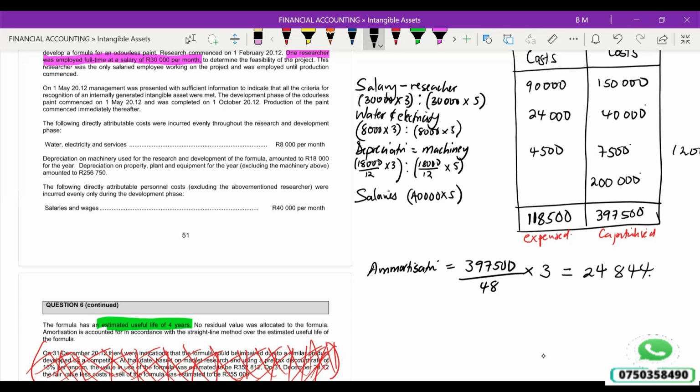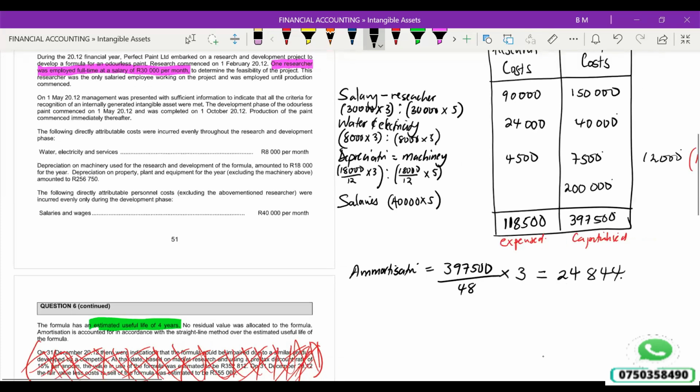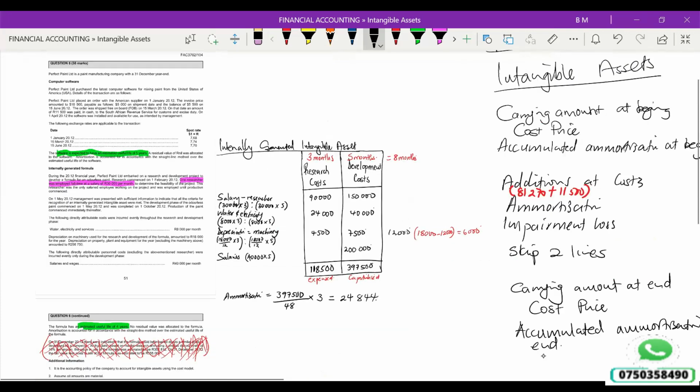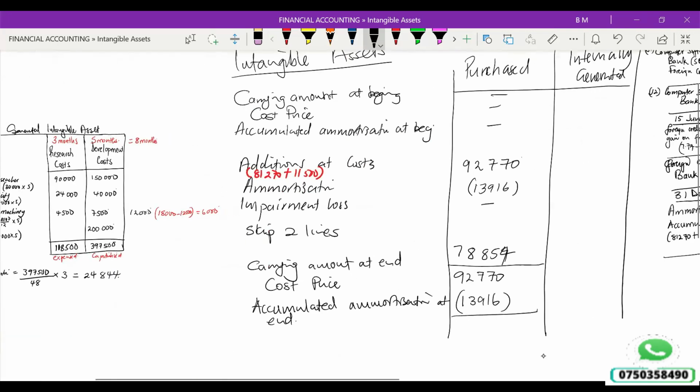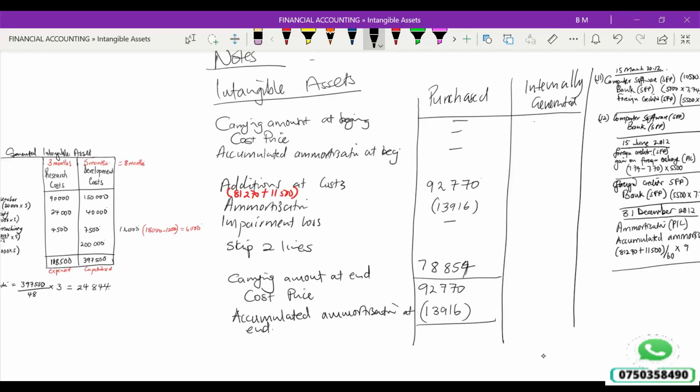Hey guys, remember we did not do the impairment loss, right? So we're just going to recognize it in this way. So we come here, guys, we say our internally generated intangible asset, the addition 397,500. Amortization is 24,844.